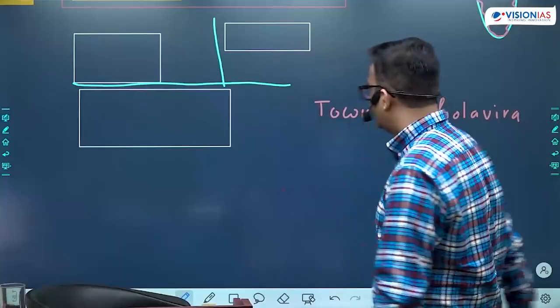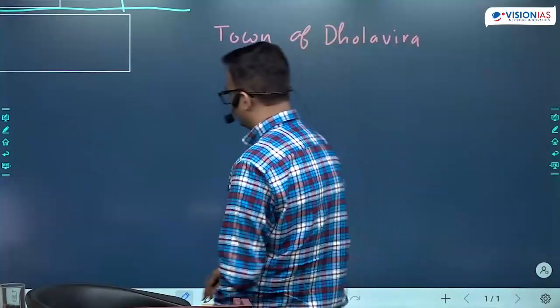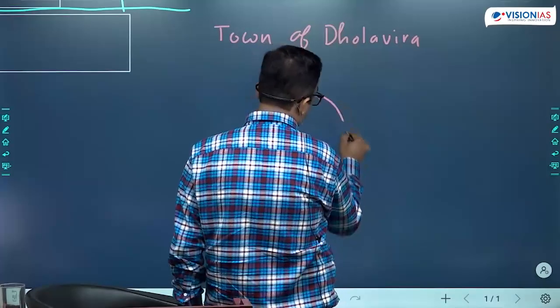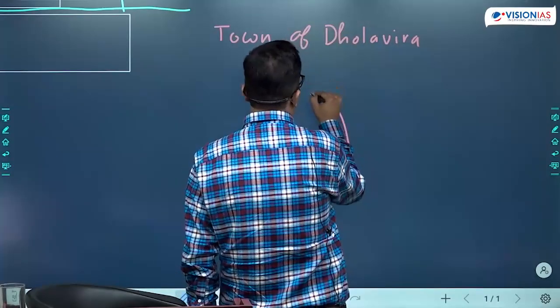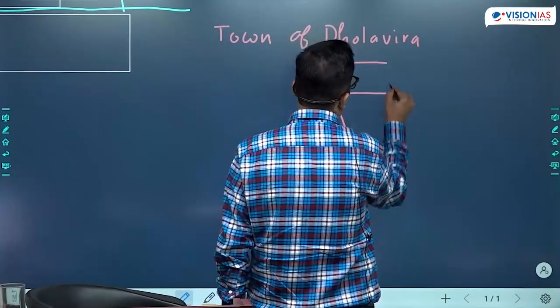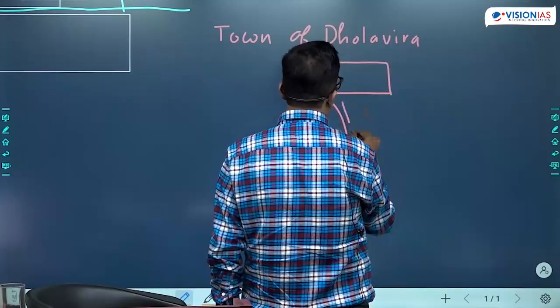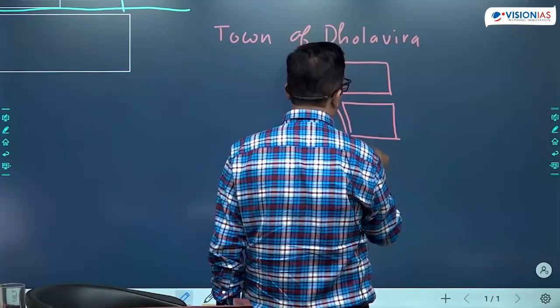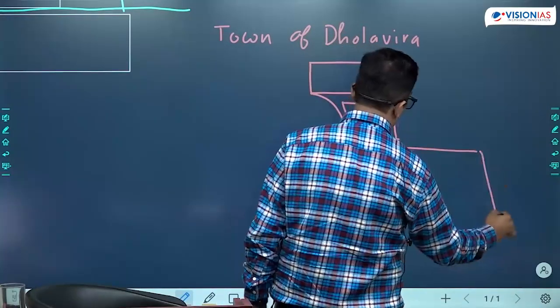It was divided into 3 layers. That is upper town, middle town, and the bigger lower town.